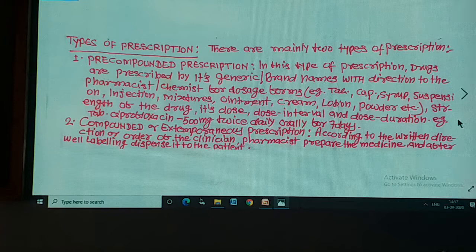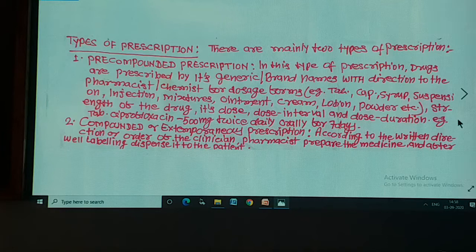In this type of prescription, drugs are prescribed by generic and or brand name, with direction to the pharmacist or chemist for dosage form, for example tablet, capsule, syrup, suspension, injection, mixtures, ointment, cream, lotion, powder, etc. Strength of the drug, its dose interval, and dose duration.